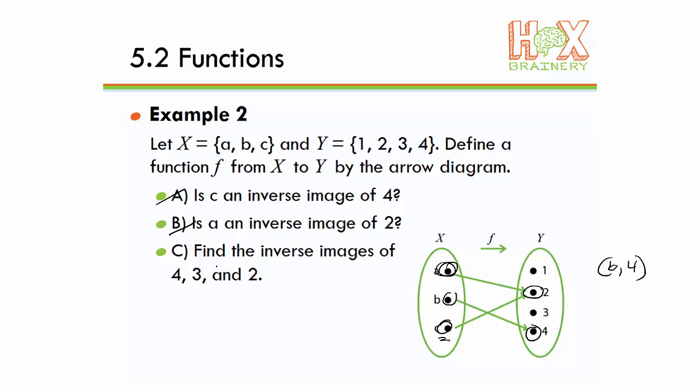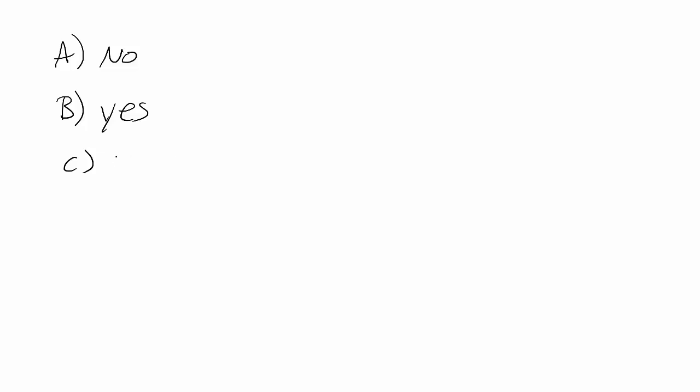And then part c. Find the inverse images of 4, 3, and 2. In that order, 4 has the inverse image b. So the inverse image of 4 equals {b}. I'm using set notation there.